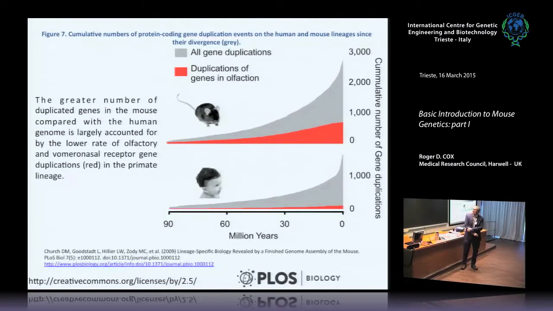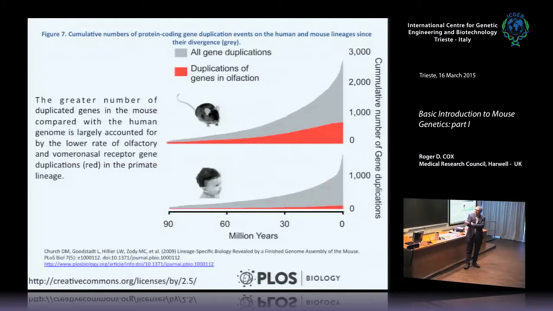The mouse has undergone more duplications. There are duplicated sequences in human and mouse, and there are more duplications in the mouse. And a large proportion of these, in the case of the mouse, have occurred because of the need to develop more sensitive senses of smell, for example.